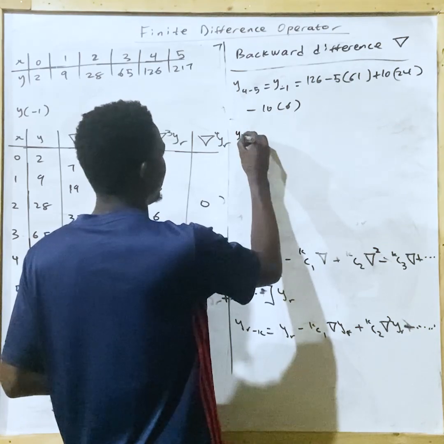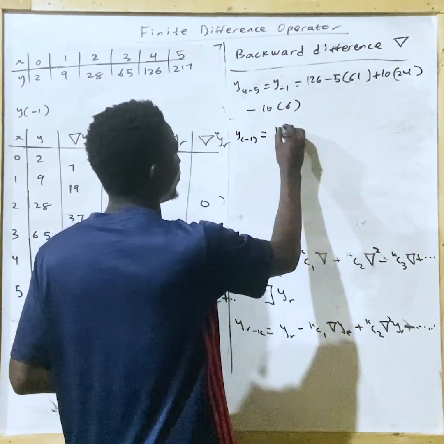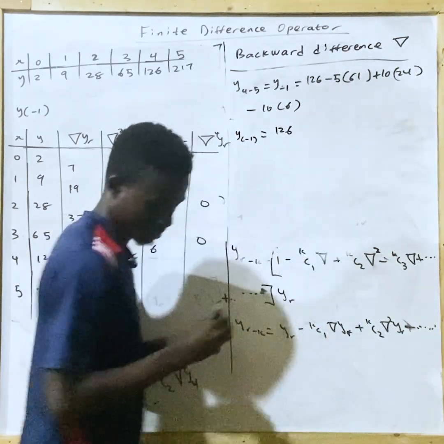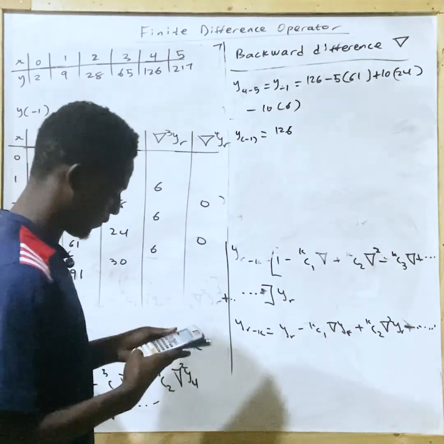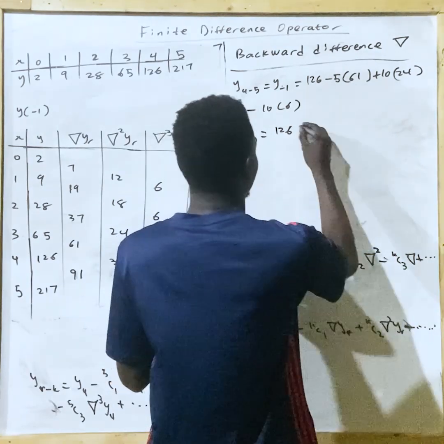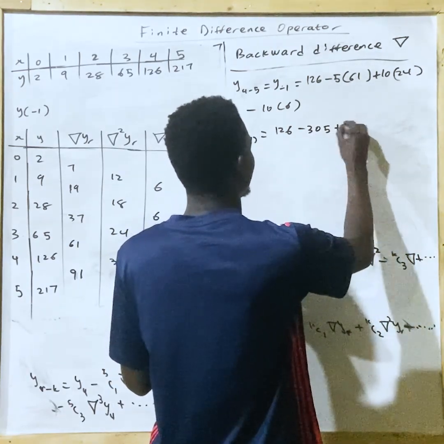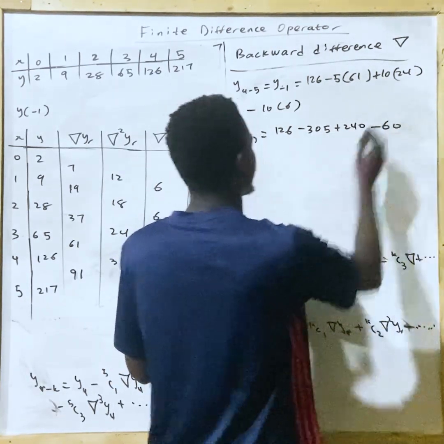So I have y minus 1 equals 126 minus 305 plus 240 minus 60.